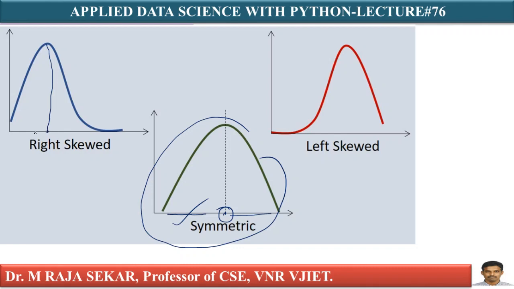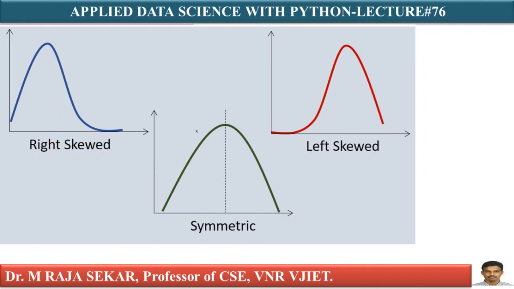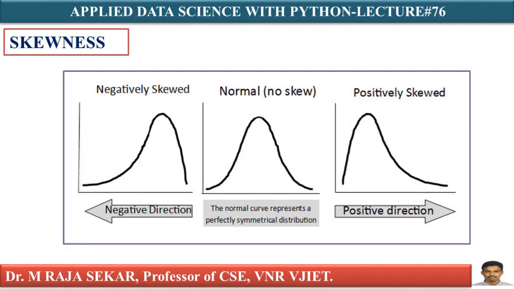It is not looking the same on left and right side of the distribution. Therefore, it is not symmetric. Whereas here also, is it looking the same on left and right side of the center point? It's not the same. Therefore, this one is skewed, this one is also skewed, but the center one is not skewed. I think anybody can understand this. There are no complications. Let me proceed.